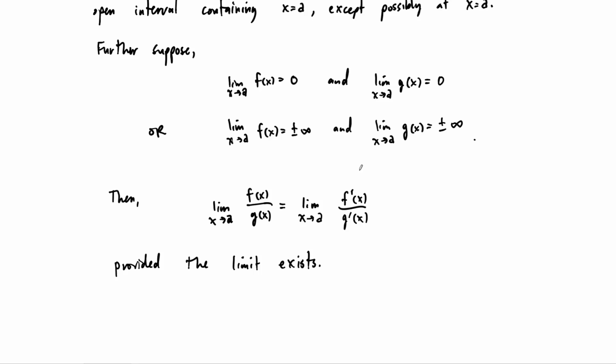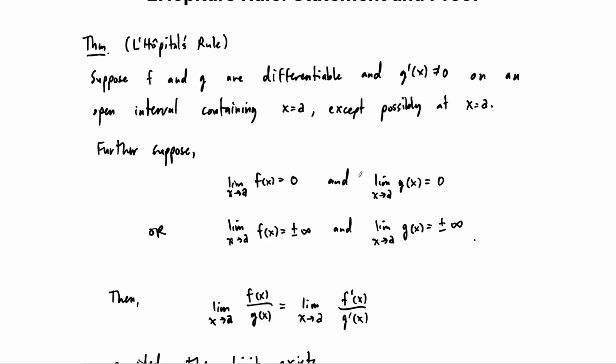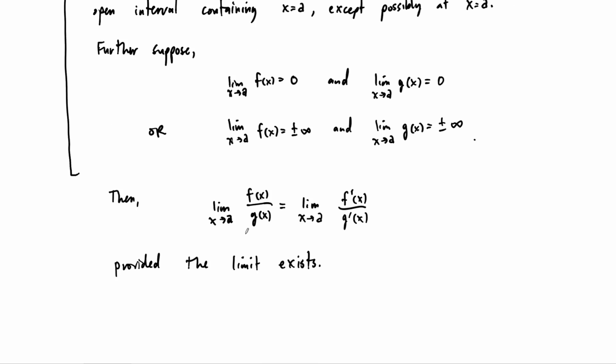Now you can't just do this anytime. It's very important that the functions obey the hypotheses. All of this stuff that I just put this little box around is a hypothesis or an assumption that your two functions have to obey. They have to satisfy these criteria before you're allowed to apply this formula.